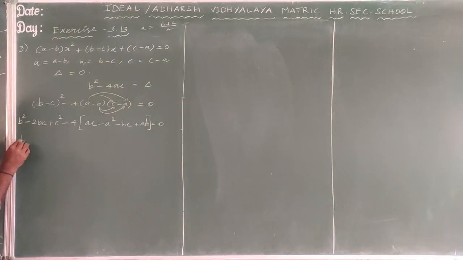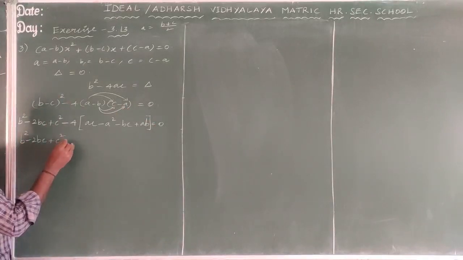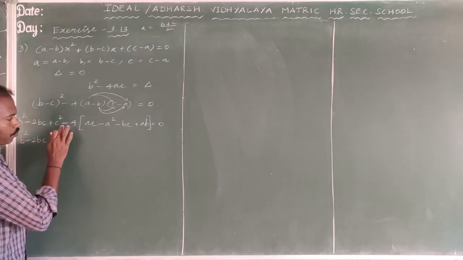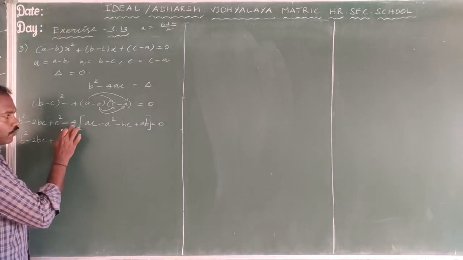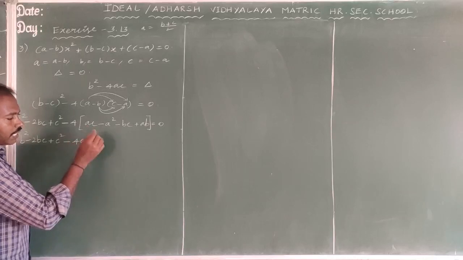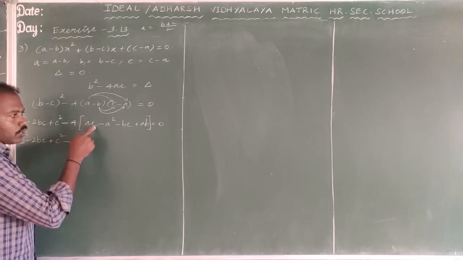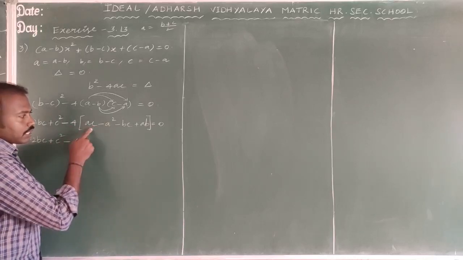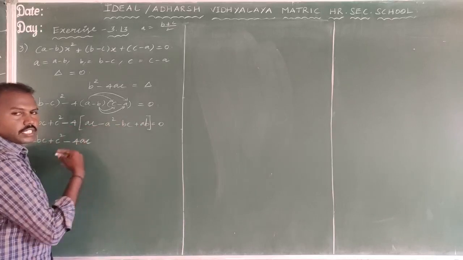Then b square minus 2bc plus c square, minus into plus minus 4ac. The 4 is common to the 4 terms: ac minus a square minus bc plus ab.